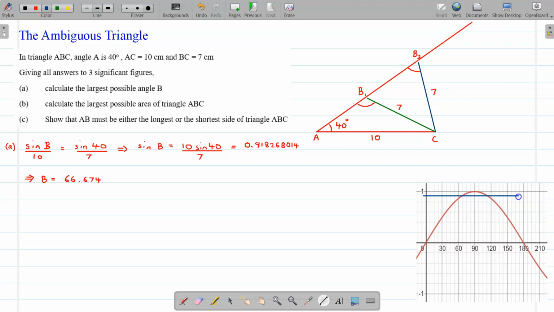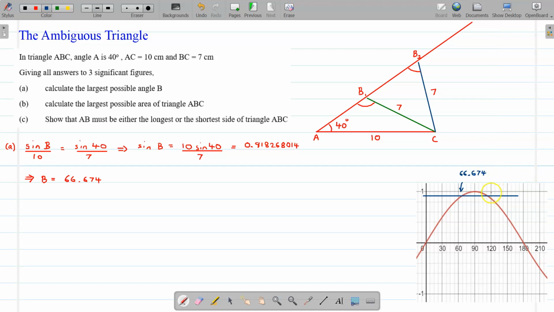And you can see that it crosses the sine graph at 2 places. The first place it crosses here is what we got from our calculator, 66.67. So that point there gave us the smaller angle, which was 66.674.